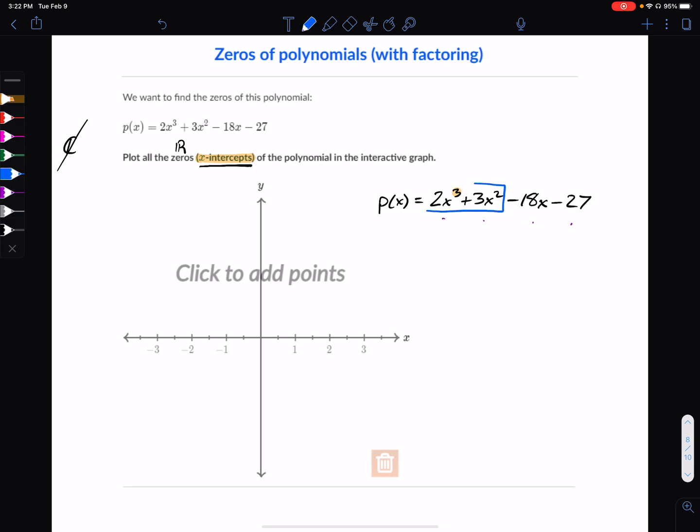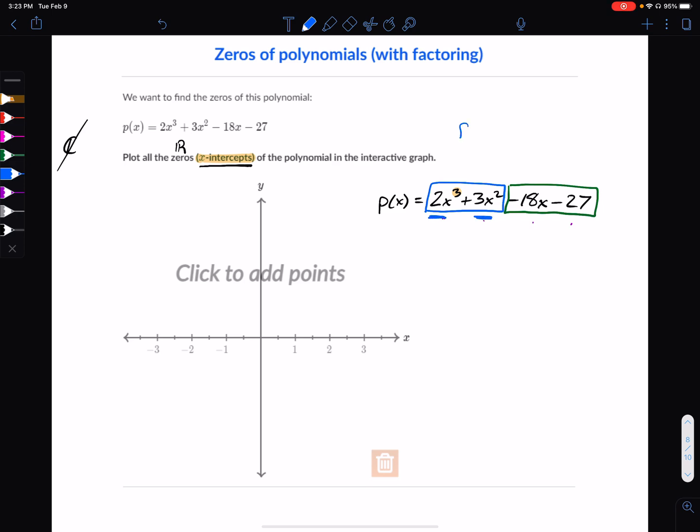Grab the first 2 higher degree terms and also take a look separately at the group of lower degree terms. And what's great is it's both even, you got 2 terms in the first group and 2 terms in the second group. So just focusing on the 2x cubed plus the 3x squared.